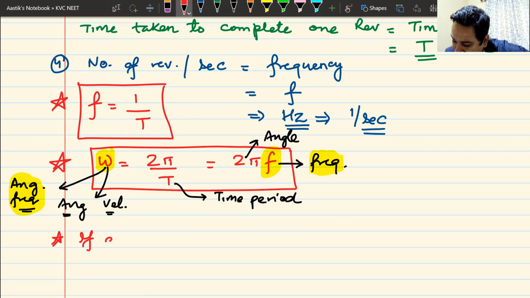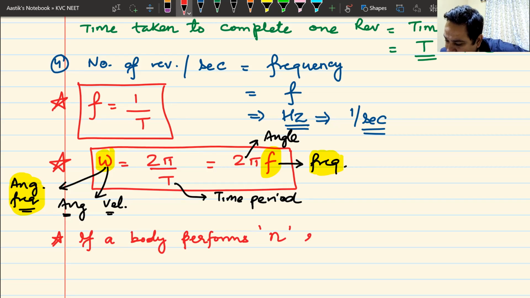If a body performs or completes n rotations per second, then you can have one more formula for omega.